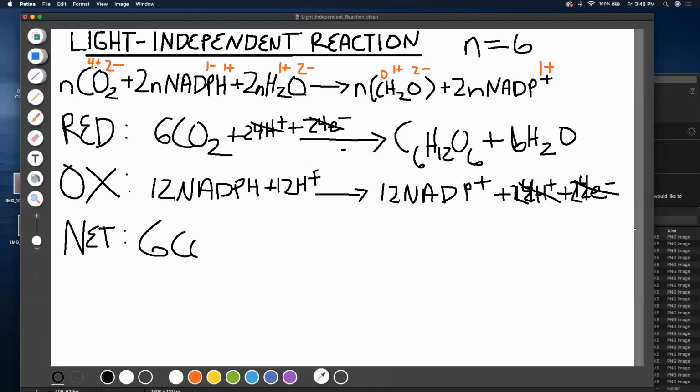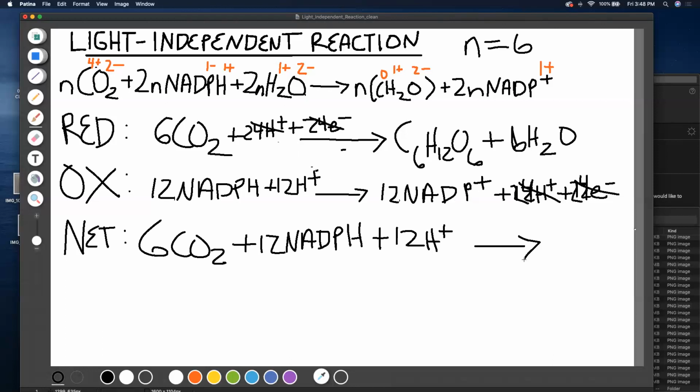All right, so 6 CO2 plus 12 NADPH plus 12 hydrogens goes to, and you're just taking the net of the redox step because you're getting the net redox reaction, not the net full. So you would not add in the waters up here.